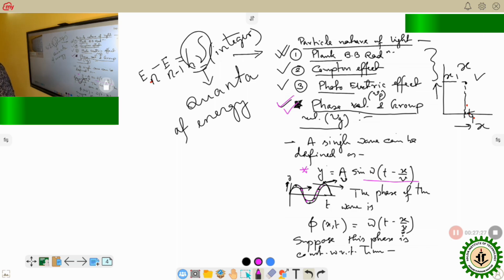Now we are mathematically observing how a particular phase point moves forward. That's why we have considered the phase part of the above wave individually, as shown on our board: phi(x,t) = omega t minus x by v, as it is in your wave displacement expression for a single light wave.